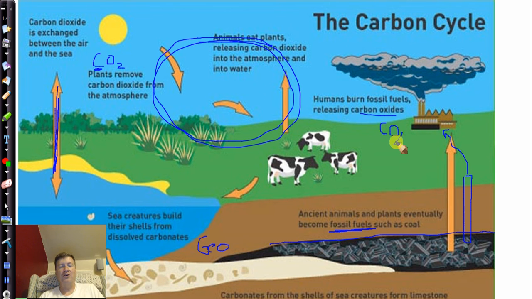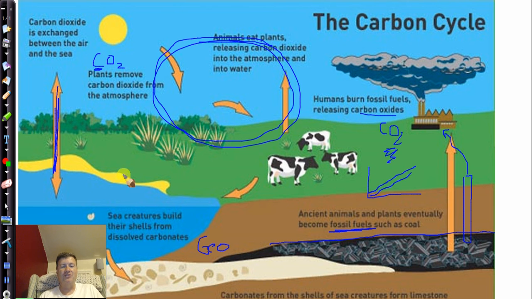Whenever you hear the term global climate change, or the sort of bad term global warming, it's connected to increasing levels of CO2. Over the last 150 years or so, we've seen our fossil fuel use go like this. We've also seen our CO2 levels go right along with it. So there is a strong connection between CO2 levels and the burning of fossil fuels.